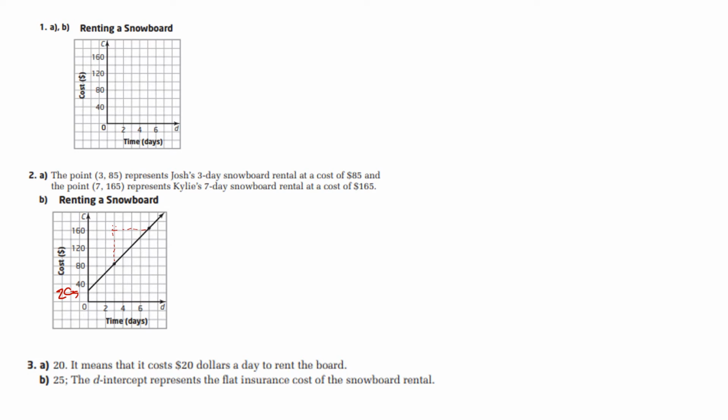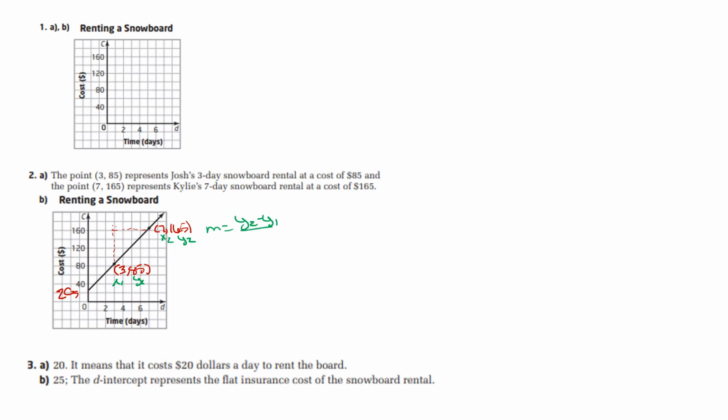It would be much easier, hopefully, what you did. You wrote the coordinates: this one is (3, 85), and this one up here is (7, 165). So I would label these x1, y1, x2, y2, and then my slope formula, y2 minus y1 over x2 minus x1.